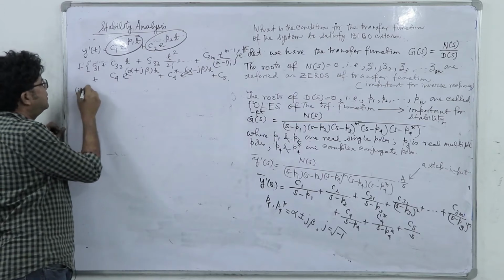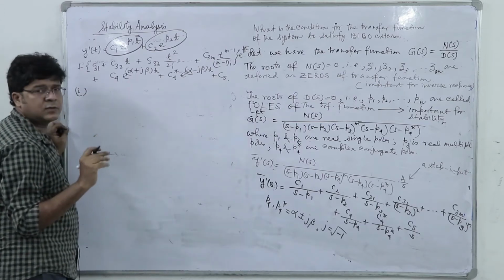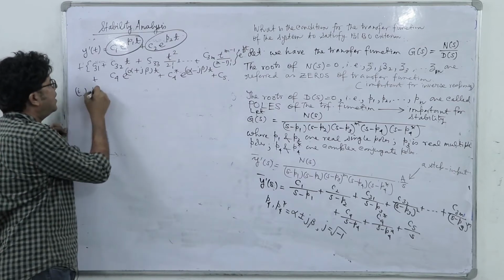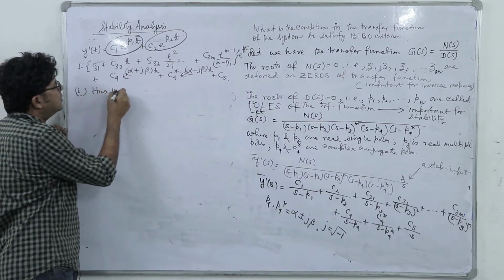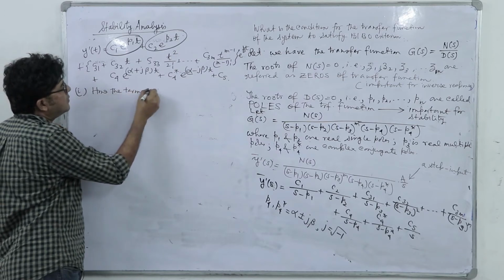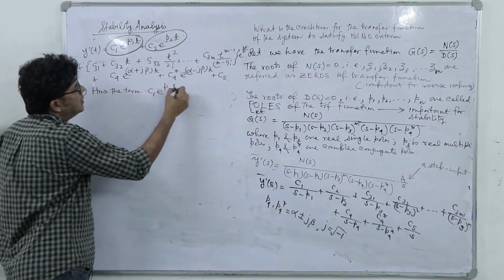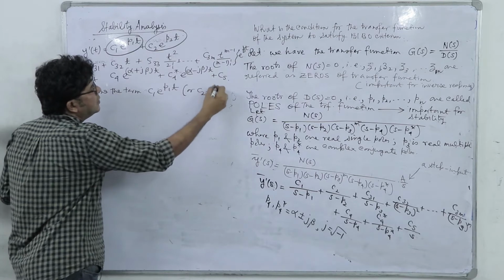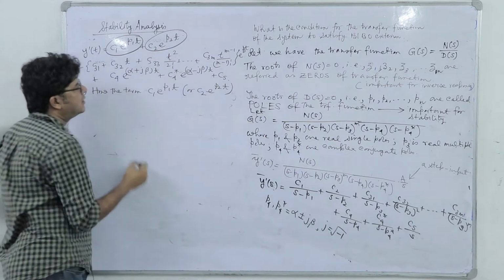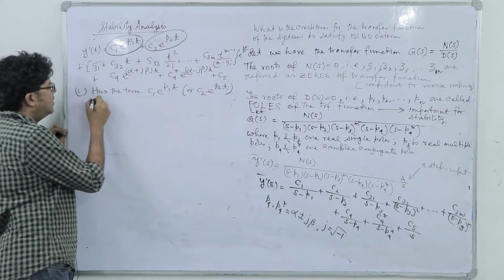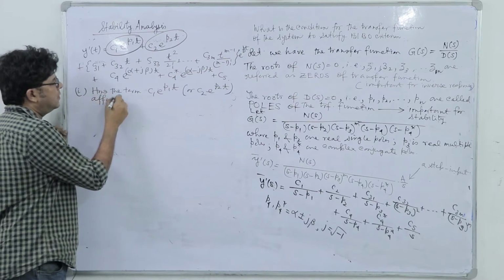So first we'll try to understand how the term C1 e to the power P1t or C2 into e to the power P2t affect the stability.